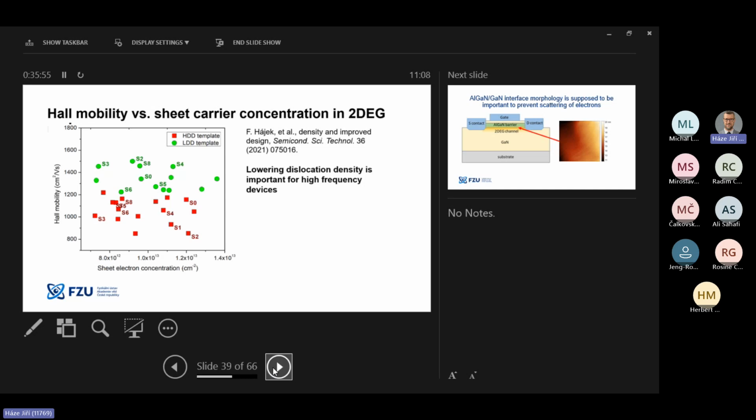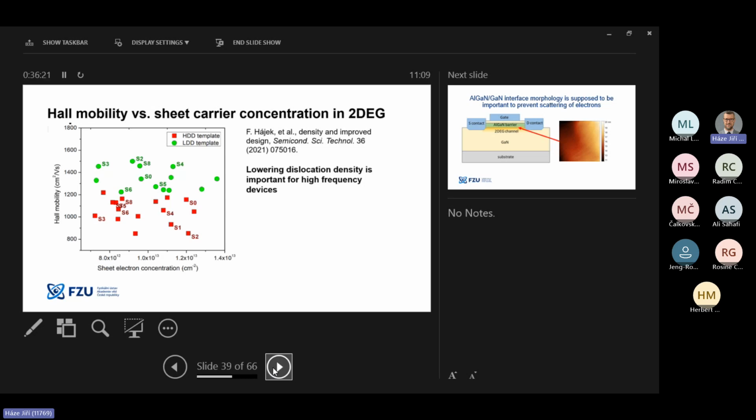Here are the measured Hall mobilities for the structures. The green are those which had lower dislocation density, and red samples had higher dislocation density, and these are all the samples we have measured. You can nicely see that there is a real difference between samples with lower and higher dislocation density.